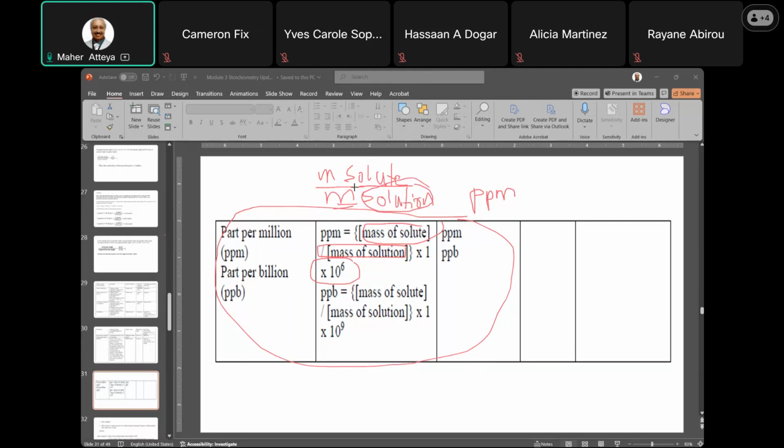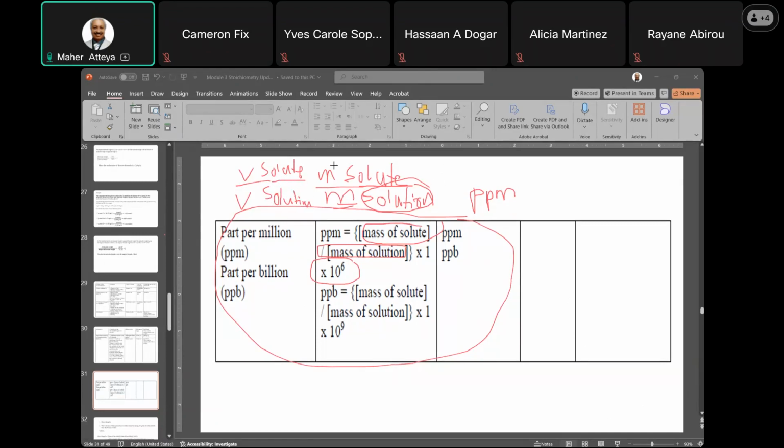Now, you can have this, or you can have the volume: volume of the solute over volume of the solution. Okay, so that's the same formula we did.